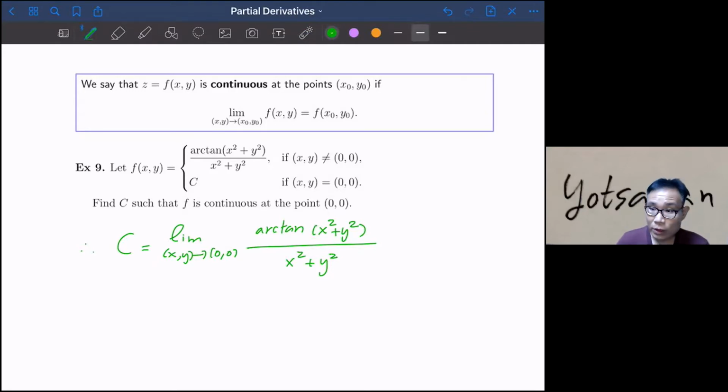And the thing that we're going to do is approach (0,0). So let me also draw a little picture.